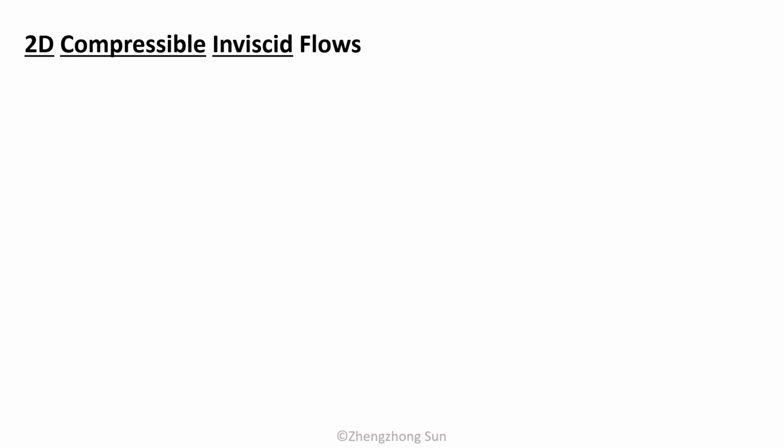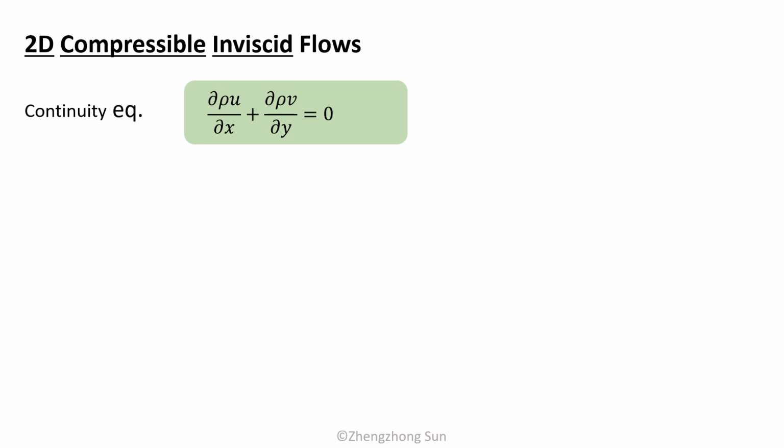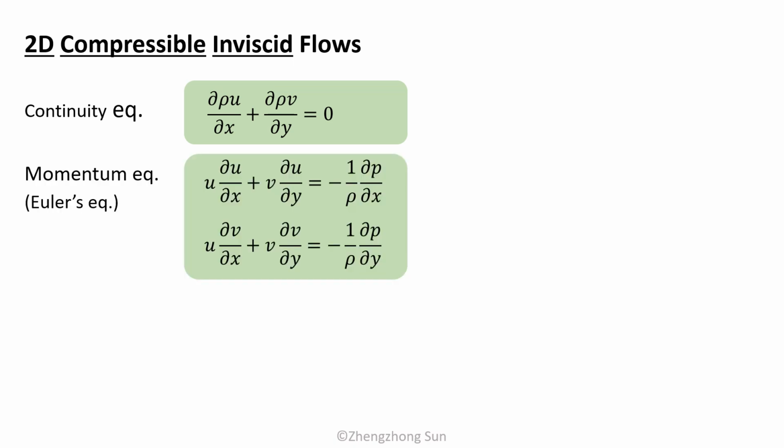Okay, so we know for 2D compressible inviscid flow, pay attention to the three underlined words: two-dimensional, compressible, and inviscid, we have the continuity equation and the momentum equation.